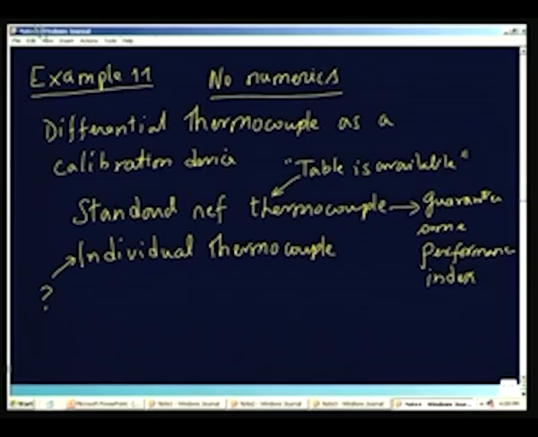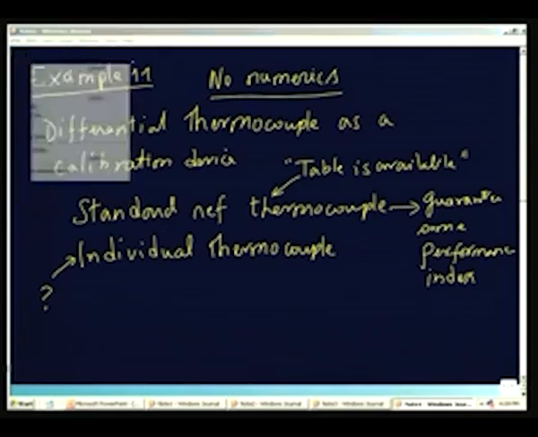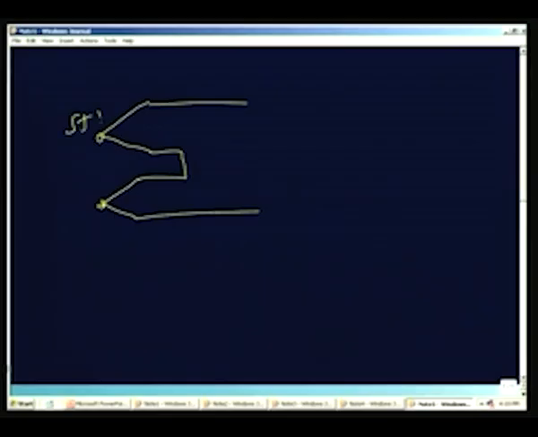For that, I am going to make a circuit like the following, exactly like what we had. A differential thermocouple: this is standard, this is the individual. These terminologies are normally used by people working in instrumentation. This is the standard reference thermocouple, and this is the individual. And now I am going to measure the potential difference across these two junctions.